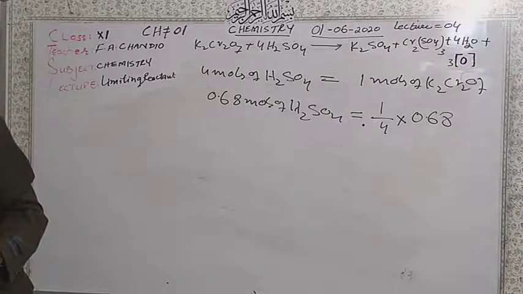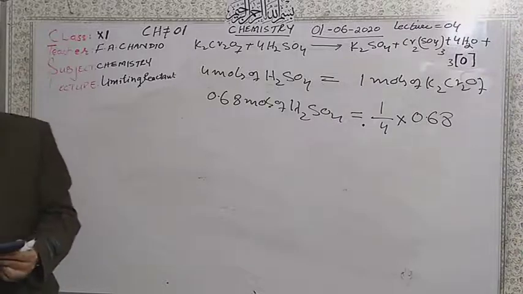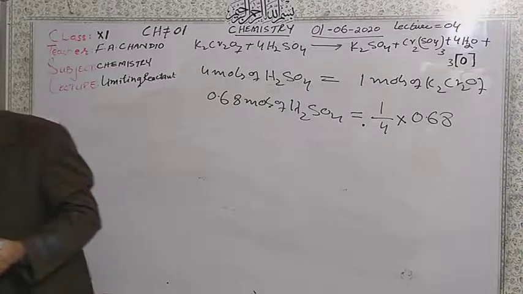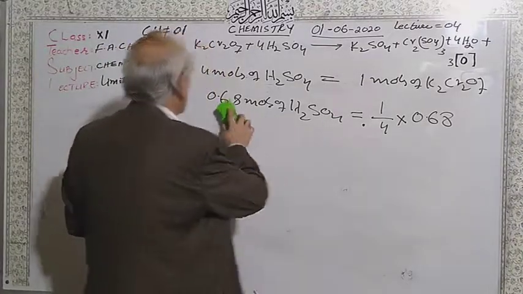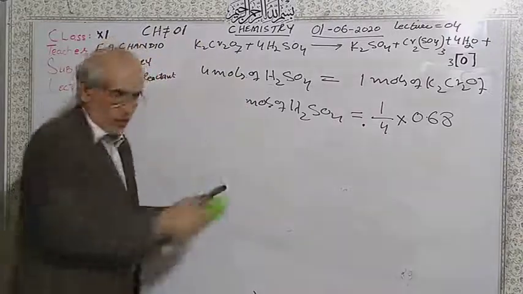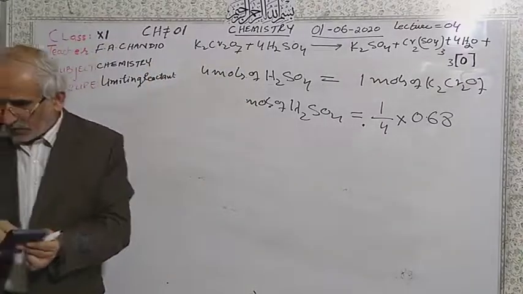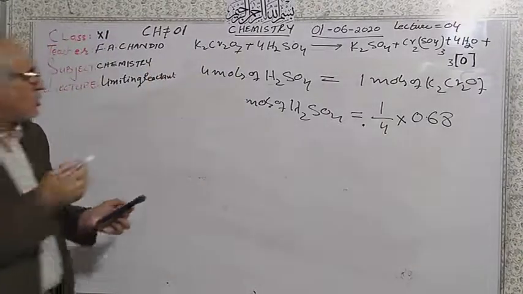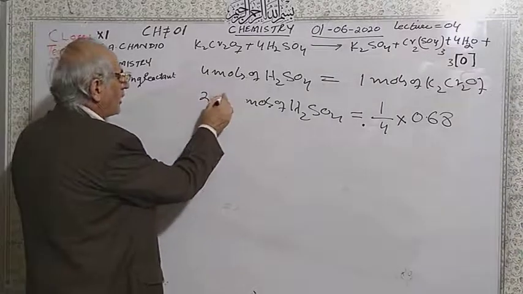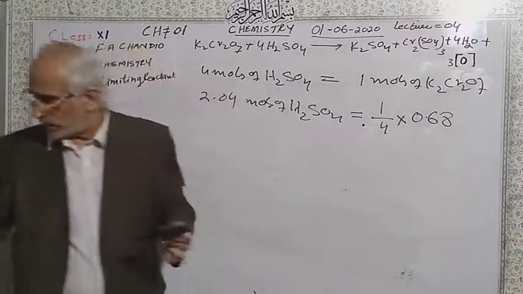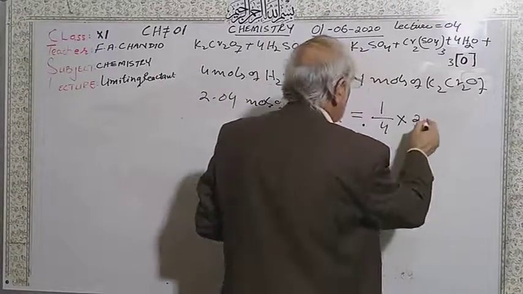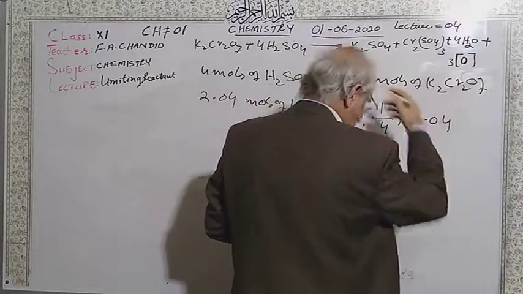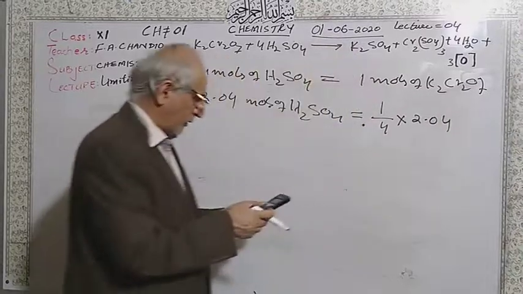Moles of sulfuric acid are 2 point something, not 0.6. If you see the previous calculation, there was 2.04 moles.